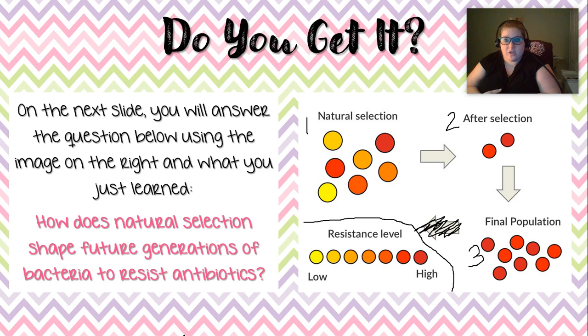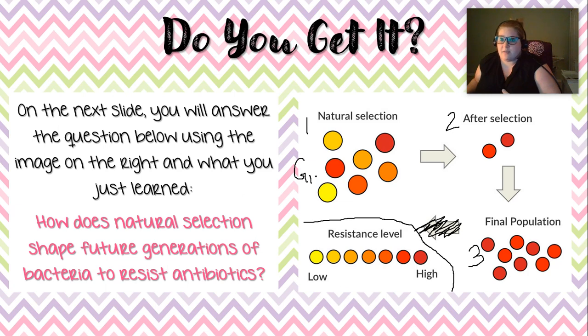With what you've learned in today's lesson through the videos, through our discussion, through the diagrams, I want to know, how does natural selection shape future generations of bacteria to resist antibiotics? So this first one would be generation number 1, I'm going to just do G1.